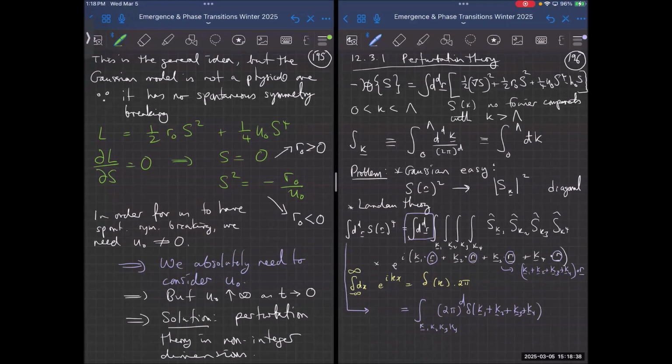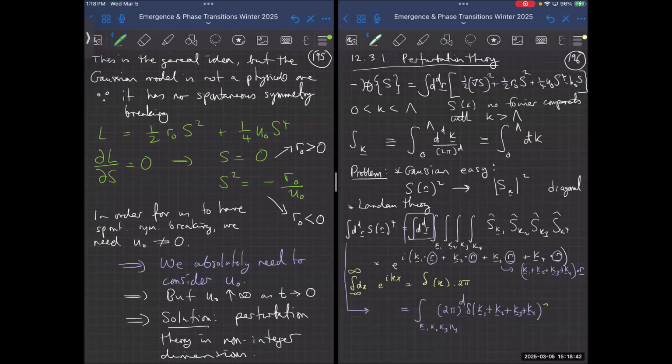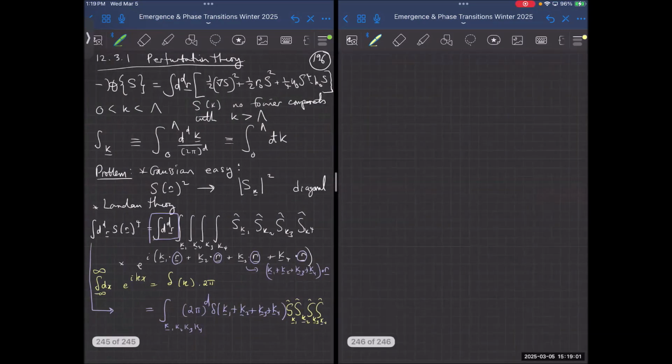And then I have the variables that I'm actually integrating over, which are S k1, S k2, S k3, and S k4. And so that whole thing has just become that.